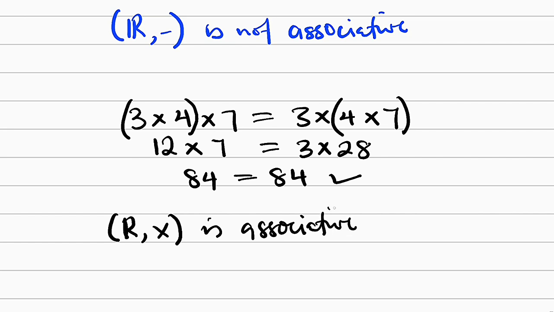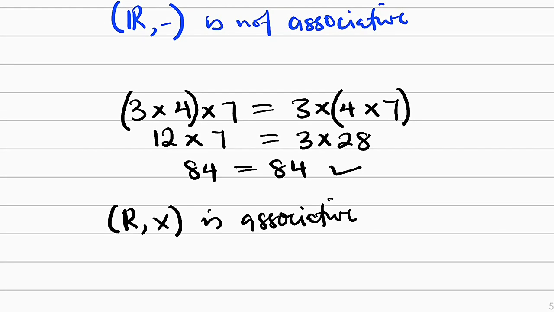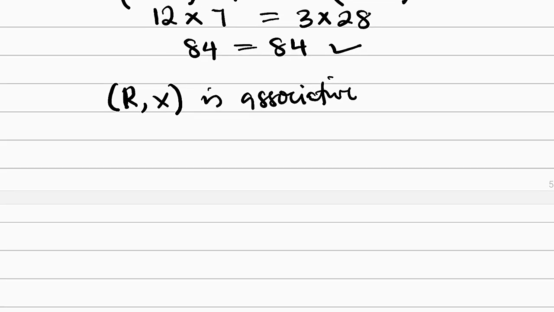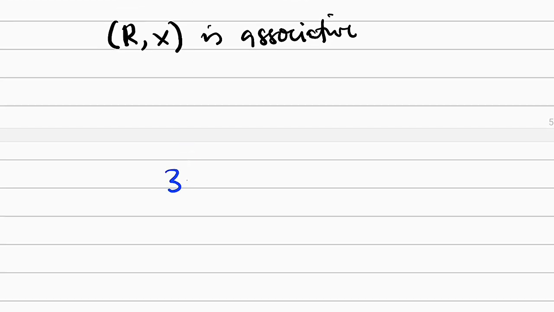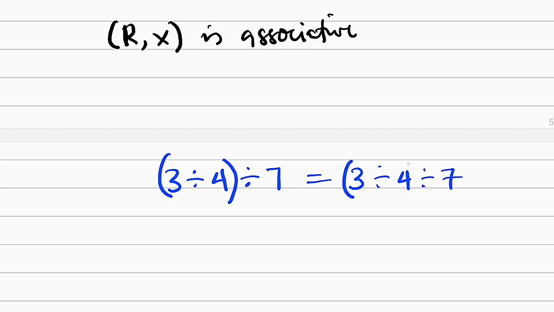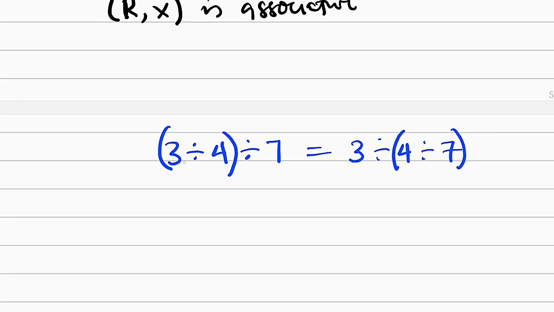Now let us move on to division, using the same numbers. We have (3 divided by 4) divided by 7, to be compared with 3 divided by (4 divided by 7). Group the first two and group the last two. Okay, what is 3 divided by 4? This is divided by 7, right?